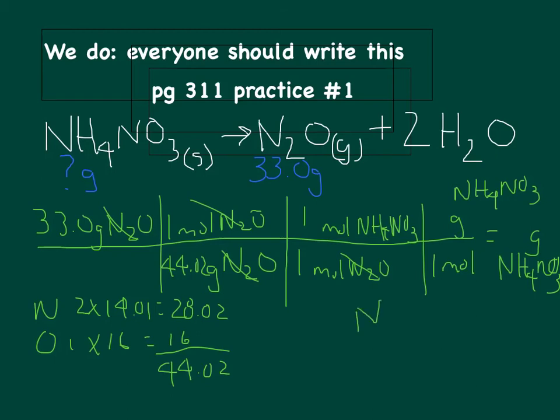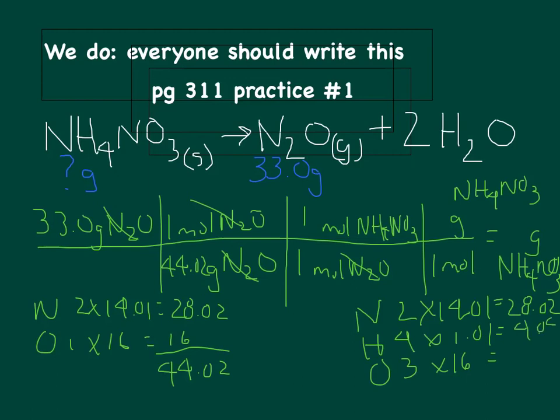Oh yeah, that's a big calculation. We can see that there are 2 N's, 4 H's, and 3 O's. So we're going to go ahead and look up on the periodic table, times 14.01, times 1.01, times 16. And we're going to get, let's see, 28.02, 4.04, and the last one is 48.